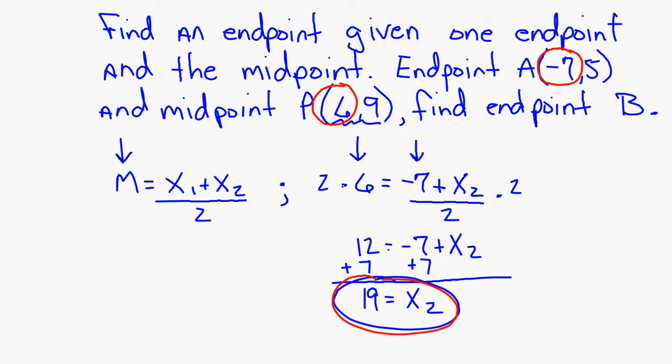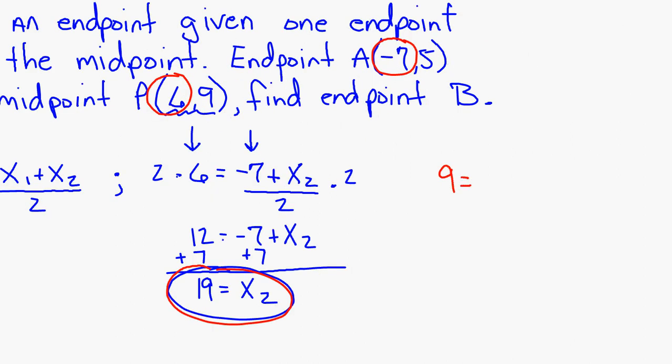The y at the midpoint is 9 equals y sub 1, which is 5, plus y sub 2, which is what you're trying to find, divided by 2. Same process for solving. Multiply by 2.